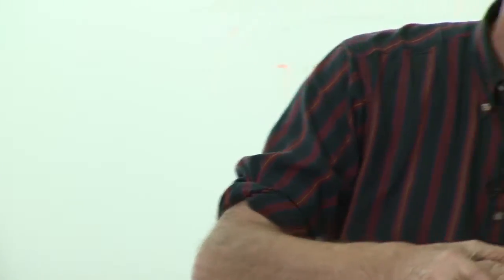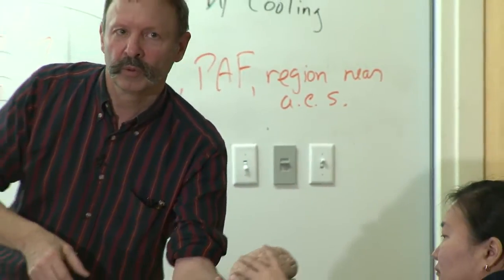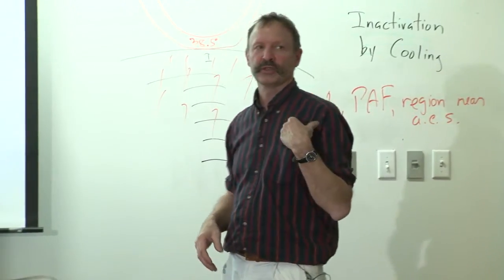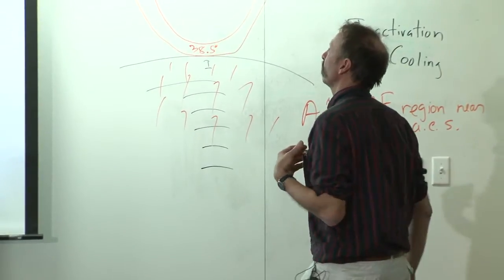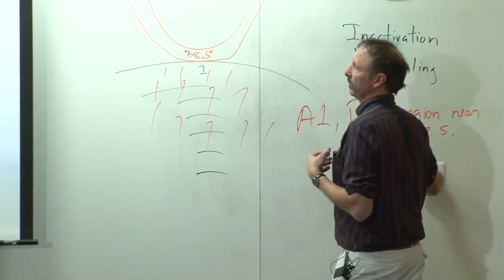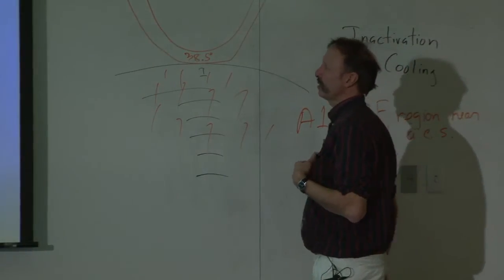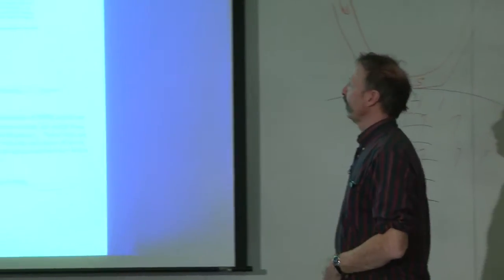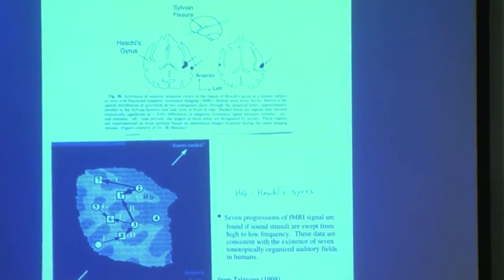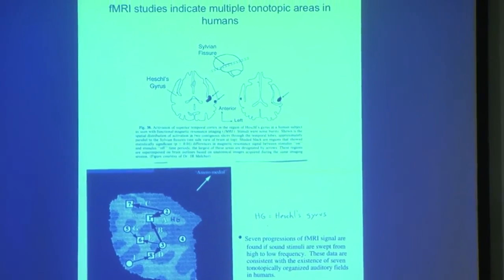I'm going to pass this model around, and A1 is indicated by a little piece of yellow tape there. You can take a look at it.